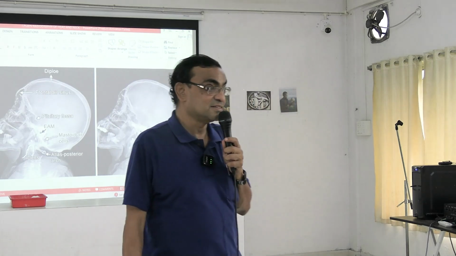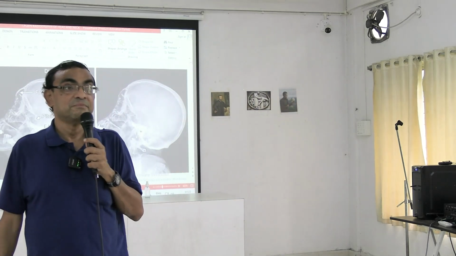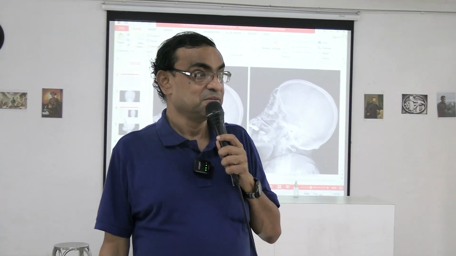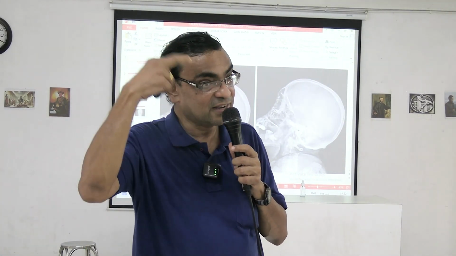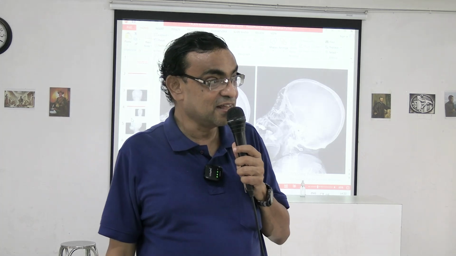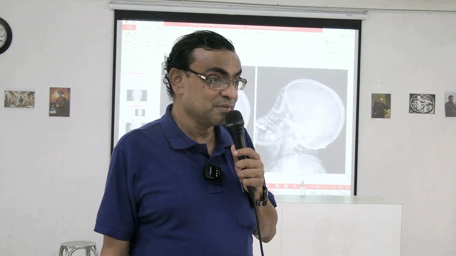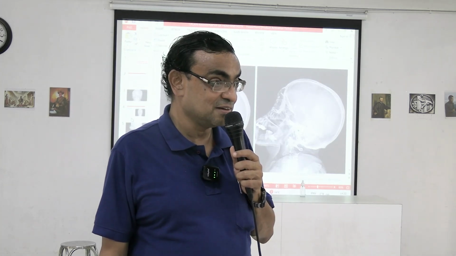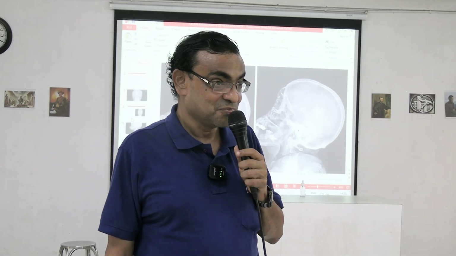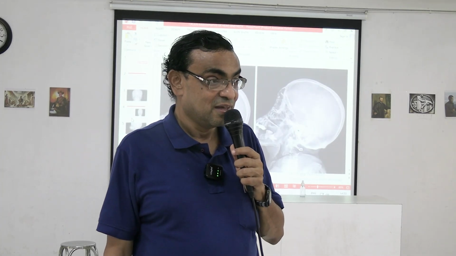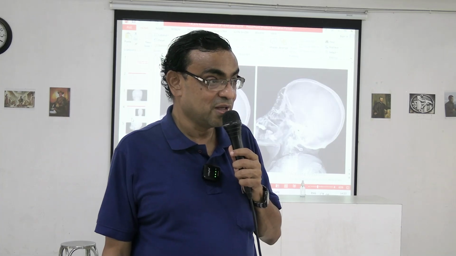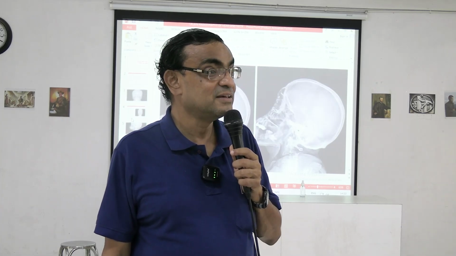That is a dangerous layer because there are some emissary veins, diploic veins, which communicate the extracranial and intracranial structures. Intracranial, within the cranium, there are the dural venous sinuses, within the endosteal and meningeal layer of the dura.